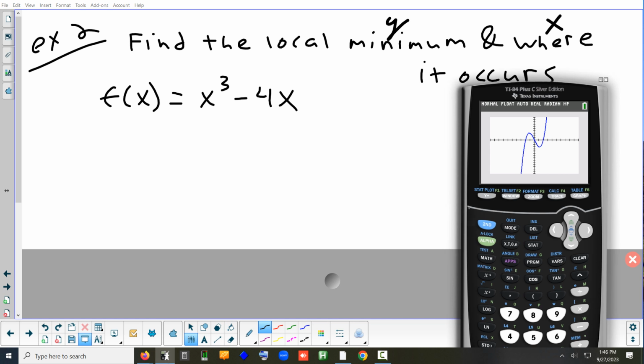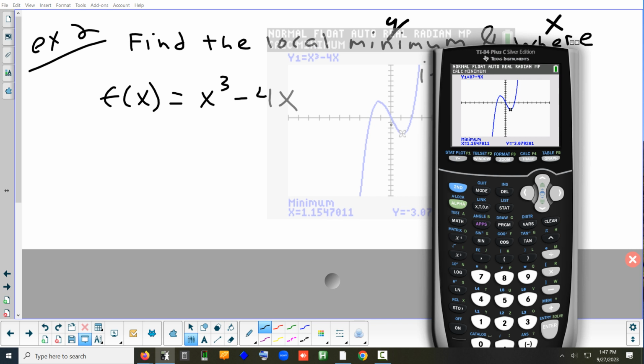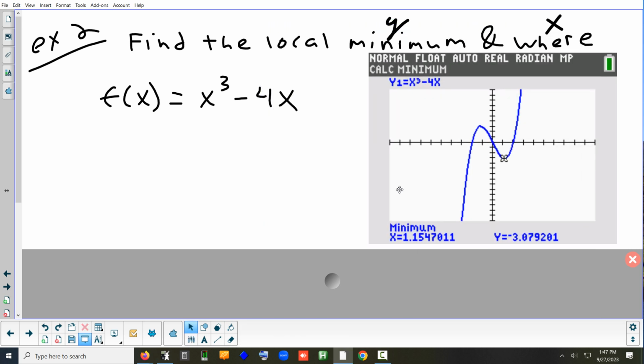Okay, so let's find the local minimum. So second calc, minimum. We go left, we go right, we do a guess. Okay, so based on what I just explained, what is the local minimum? In other words, how low does the graph go in that area that I just calculated the minimum? Yep. Negative 3.08. So the local minimum is negative 3.08.